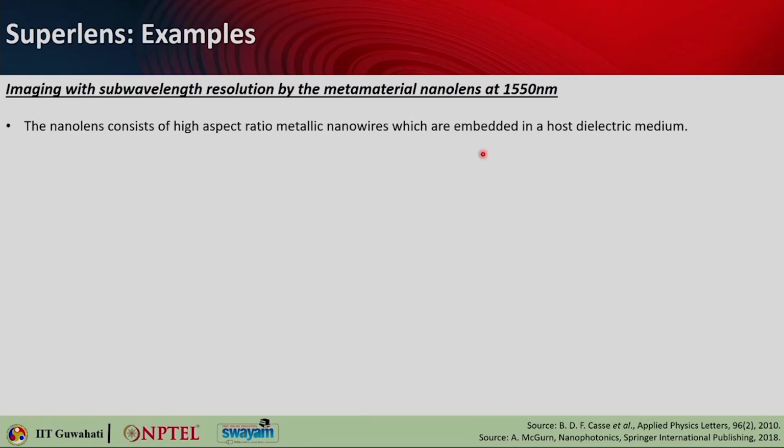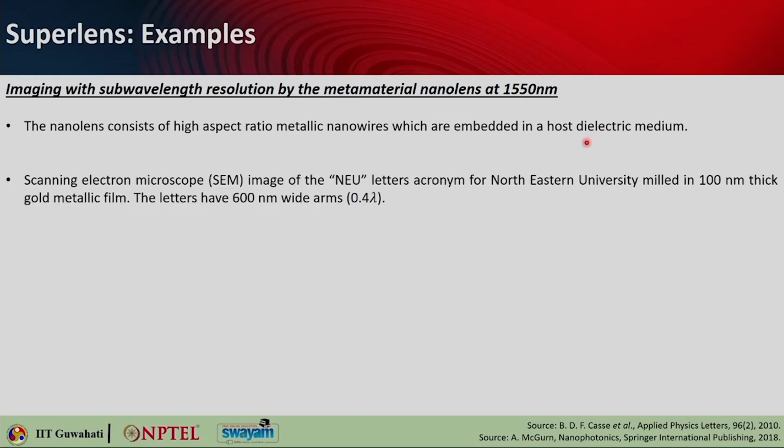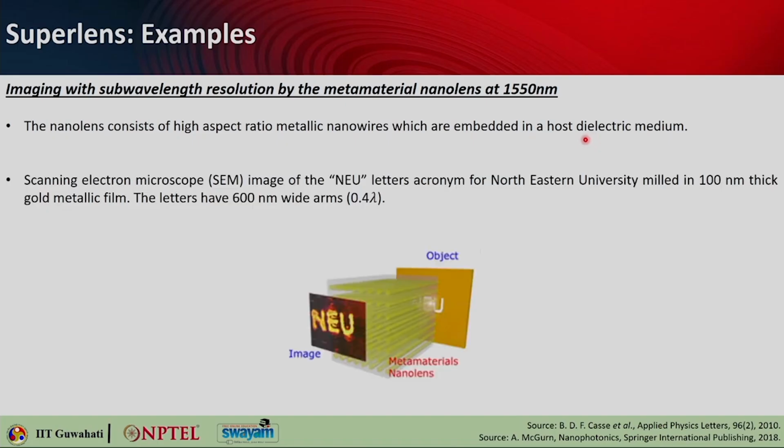So there are experiments conducted at 1550 nanometer as well for imaging of sub-wavelength resolution by metamaterial nanolens. In that case you can think of a nanolens, which consists of high aspect ratio metallic wires embedded in a host dielectric medium, and then this is the object.